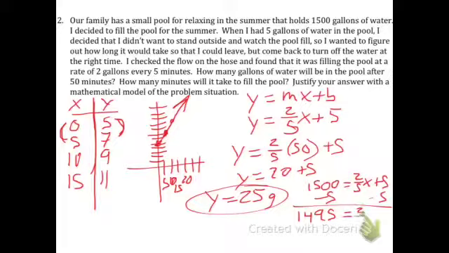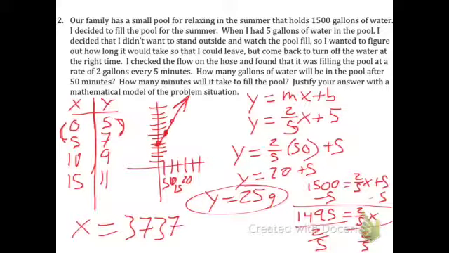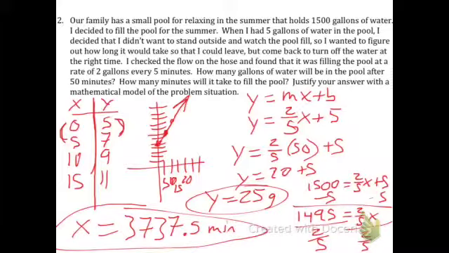And we've got to get rid of that 2/5 that's in front of the x, so divide both sides by 2/5. You're going to get x equals 3,737.5. Okay, and this is in minutes, and we're just going to leave it like that. So that's your answer there for the second question.